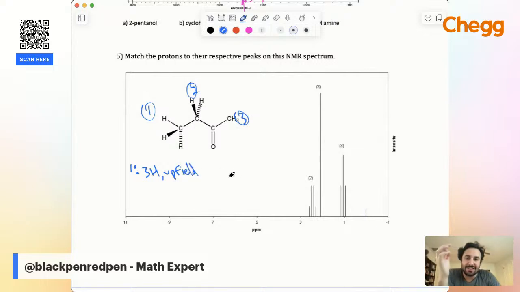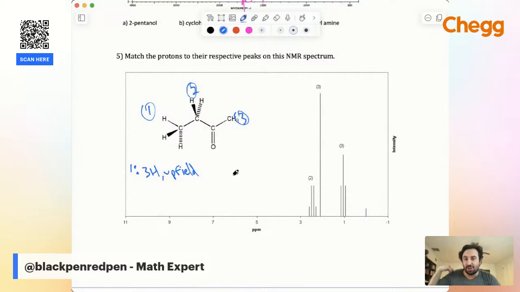The electronegative atom here is the oxygen. The closer the protons are to the oxygen, that oxygen is pulling electron density away from neighboring atoms. So it is pulling the electron density around each proton away from the nucleus of that proton, which is called deshielding. It's a deshielding effect when protons are near electronegative atoms.